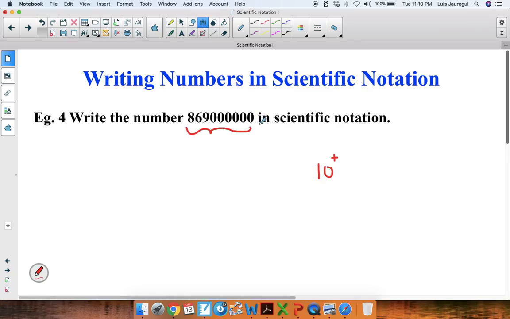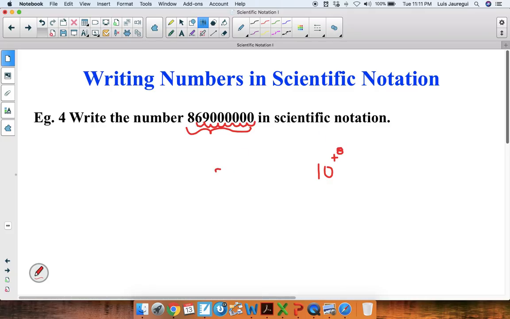Now, we are going to move the decimal point, which is hidden at the end, as many times as needed, so we can get a number between 1 and 10. So notice we're going to move once, twice, 3 times, 4 times, 5 times, 6 times, 7 times, 8 times. So that gives us the rest of our exponent.